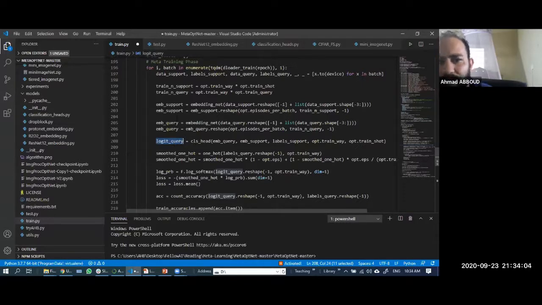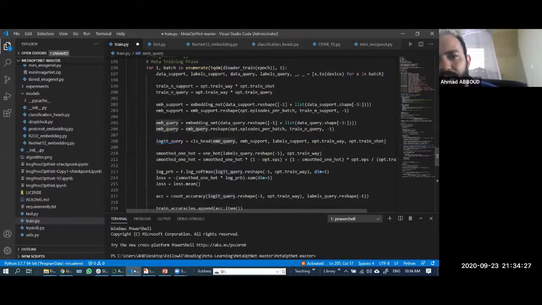Within the same training loop, you can see that we are doing meta training, because there is a difference between meta training, meta learning, and the test, where there's just a test on the whole model.